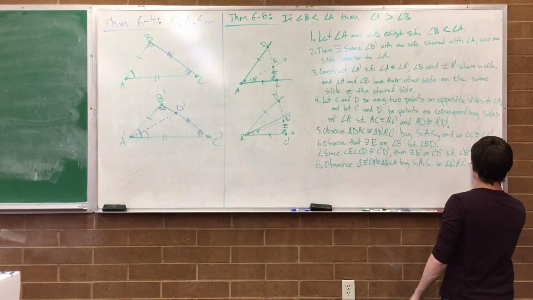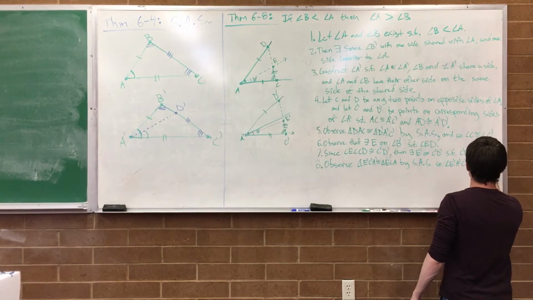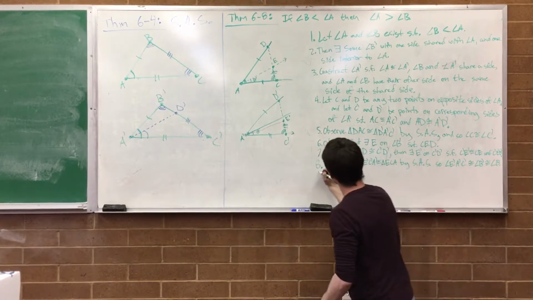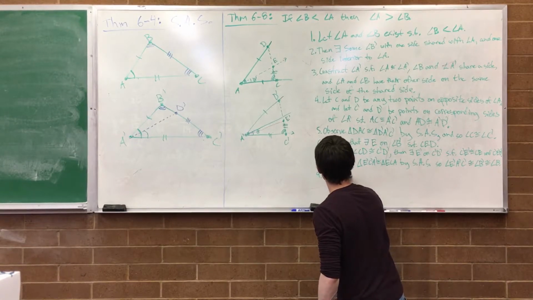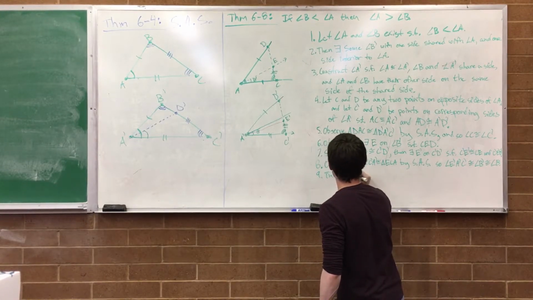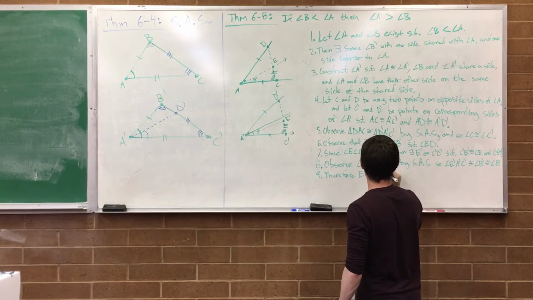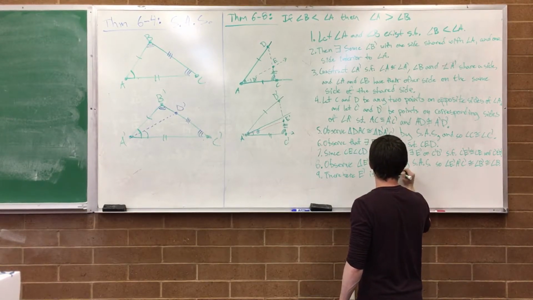You good with me just skipping to B prime? Yep. It's congruent to B prime, which is congruent to angle B. 9. Therefore, E prime is on angle B.